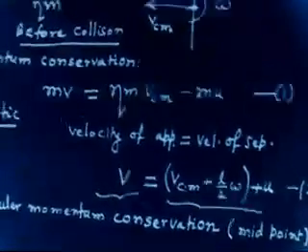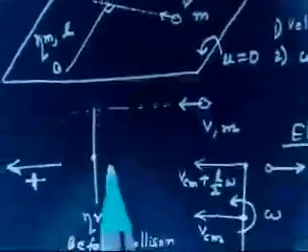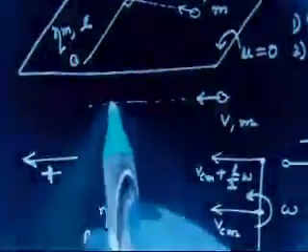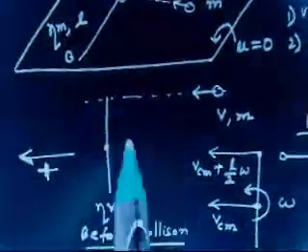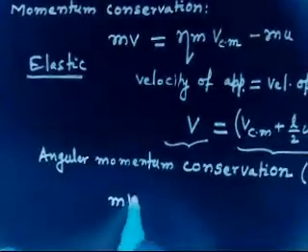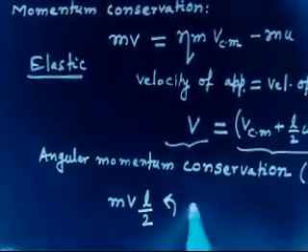So what is the initial angular momentum about the midpoint of the rod? Now this is coming with velocity v, so you will have mv into distance L by 2, and this angular momentum is in this direction. So the initial angular momentum will be mv into L by 2. Now I have to write the final angular momentum.